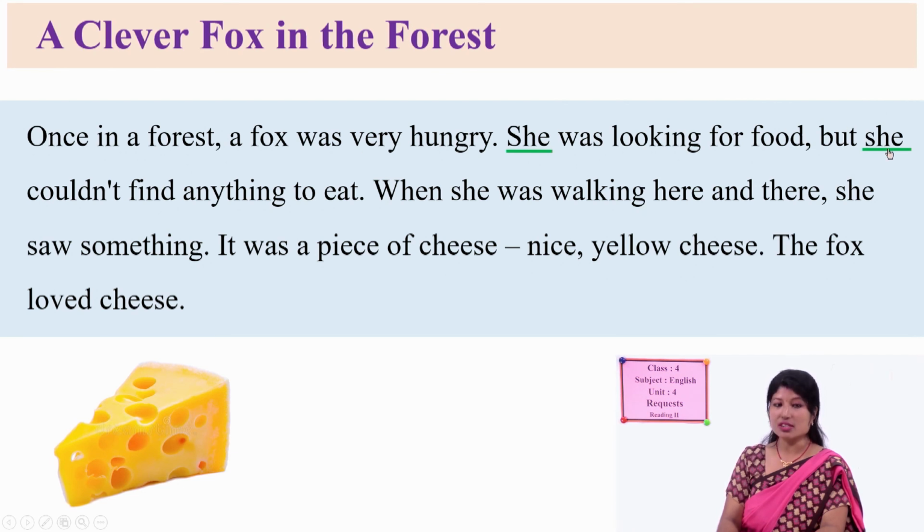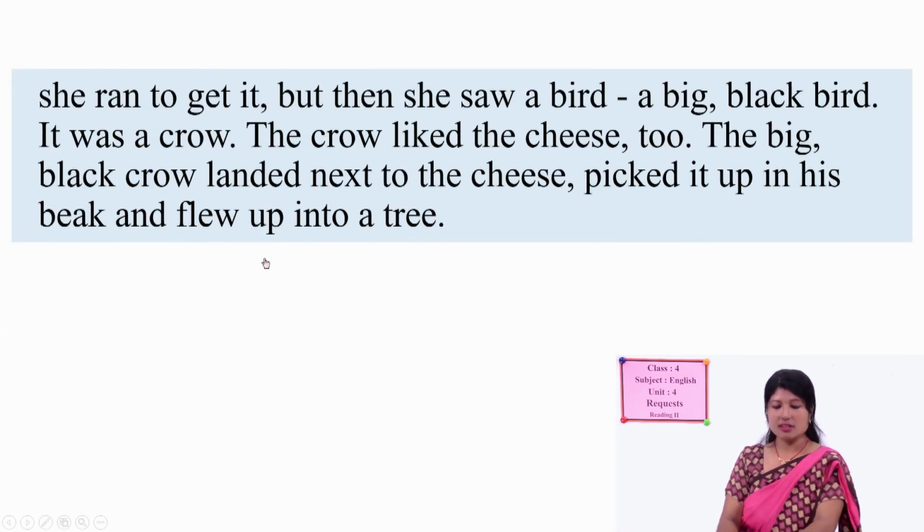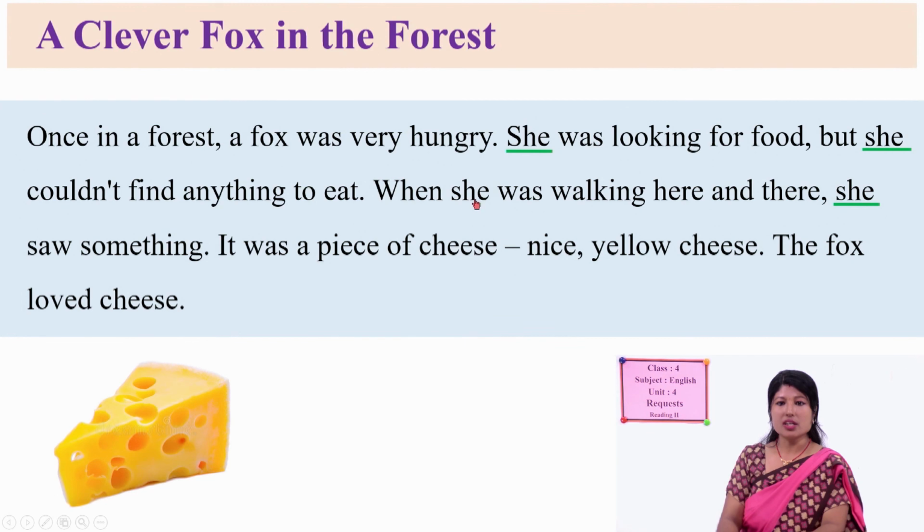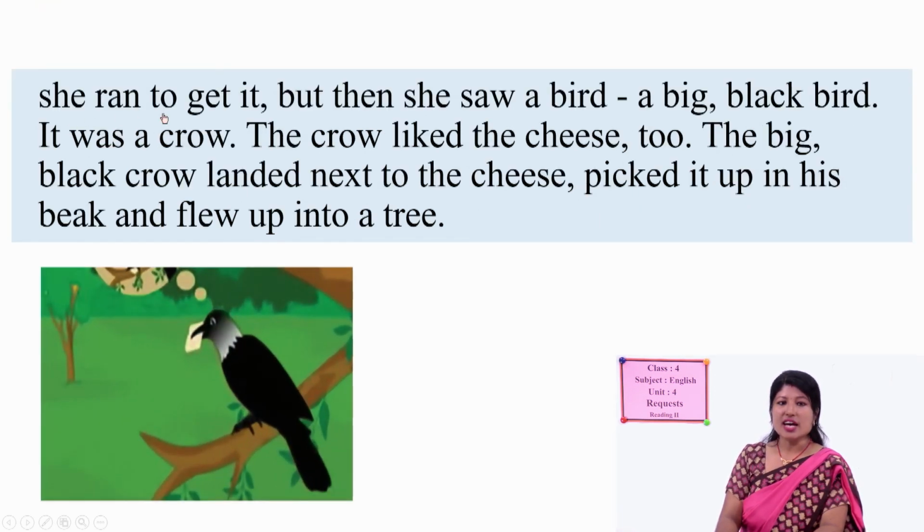First is she couldn't find, and she saw something. One more she is there, see, this is also she. So instead of he, we have to use she. She ran to get it, she over here, but then she saw a big black bird, and it was a crow.